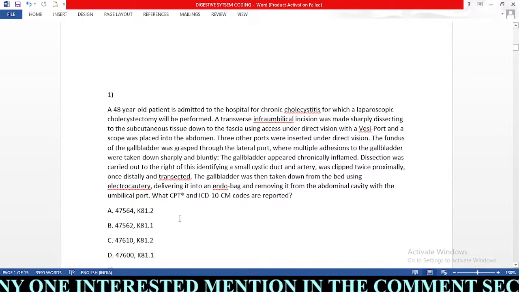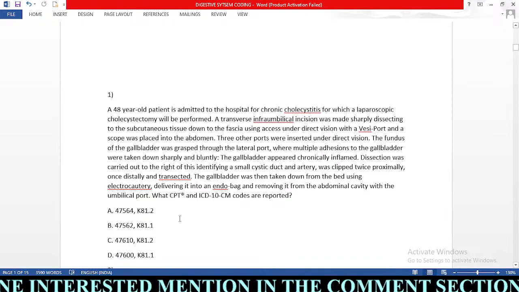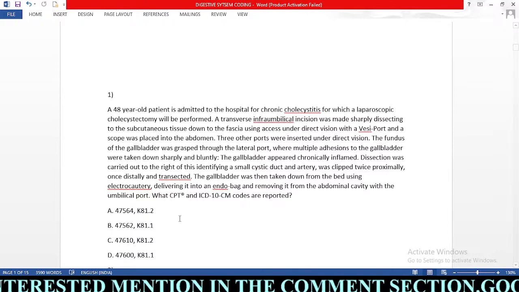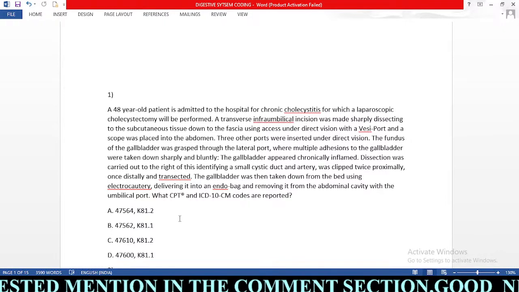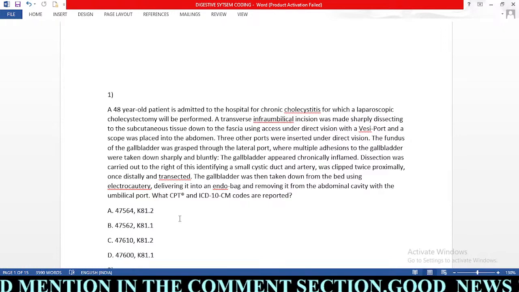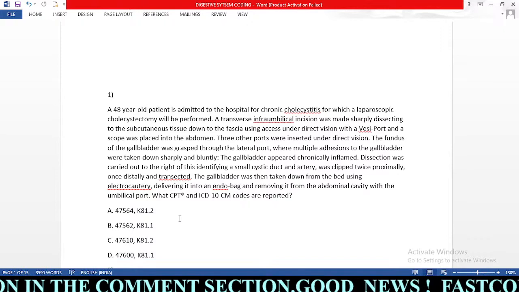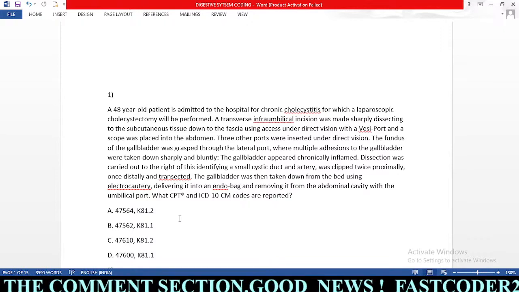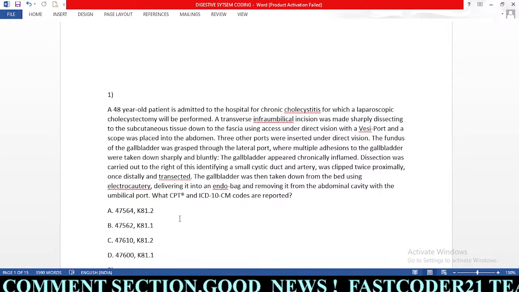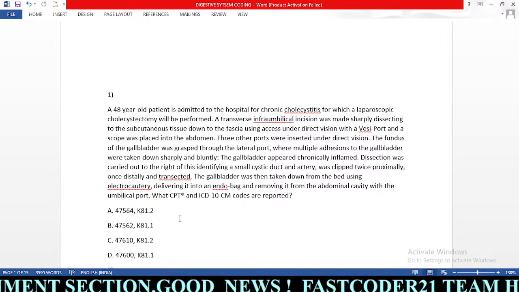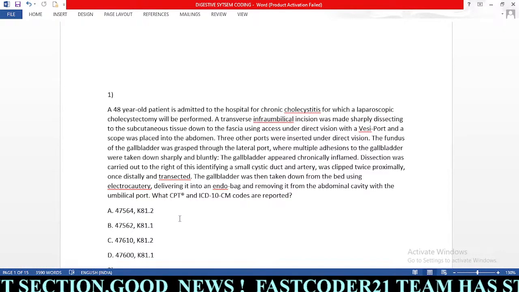First try to find the keywords here. Whatever the system, finding the keywords is very important. If you are good with ICD, you can find the answer using ICD. If you are good with CPT, you can find the answer using CPT.